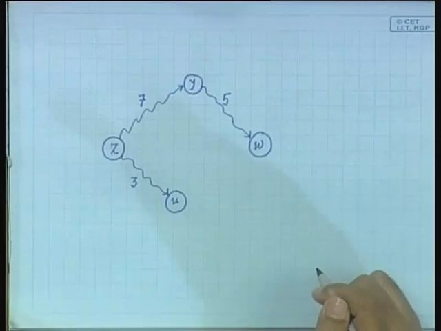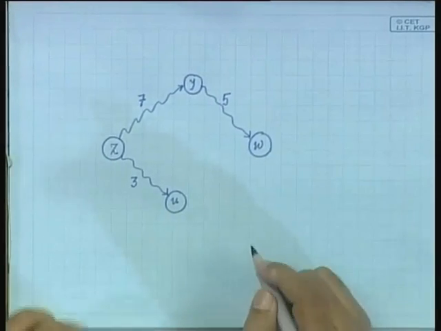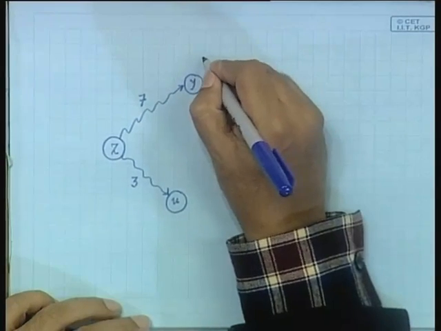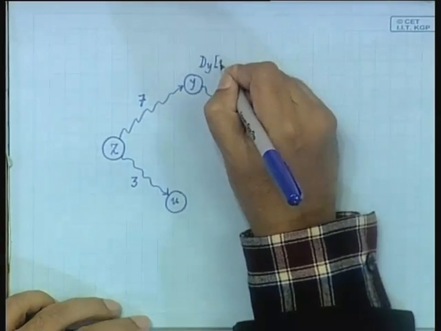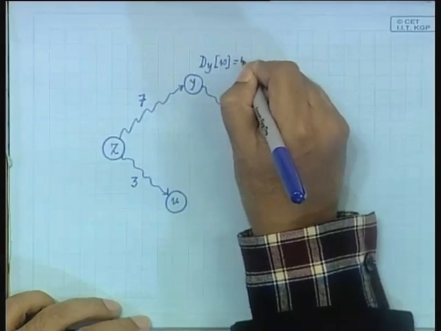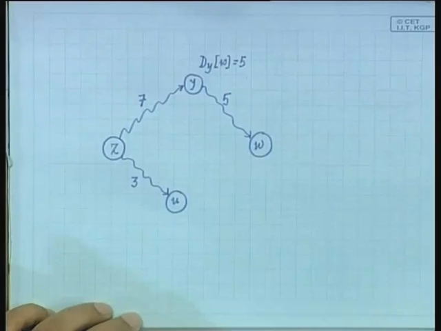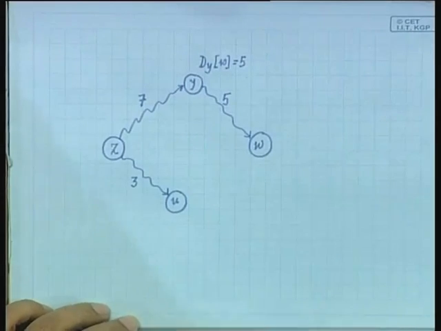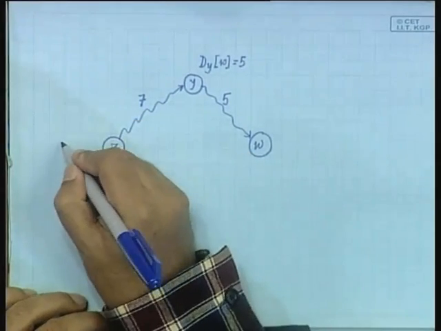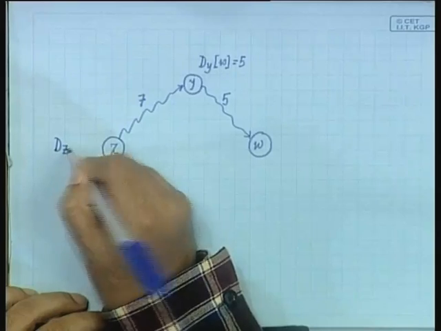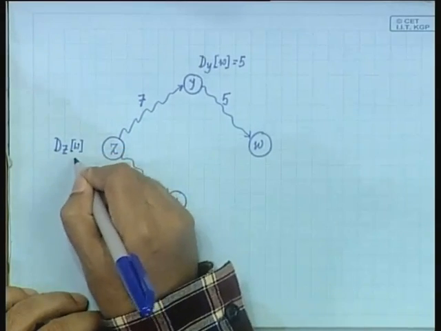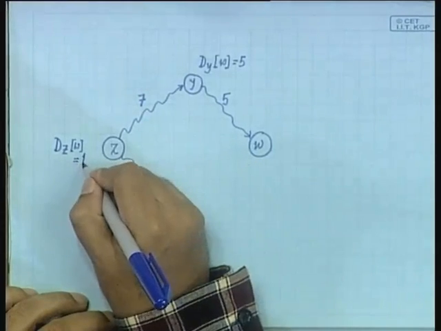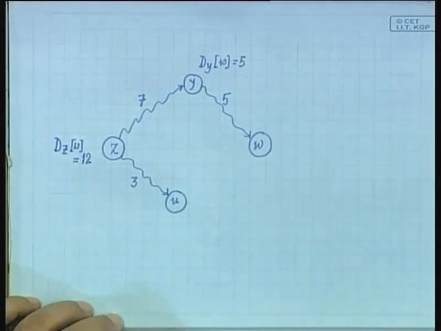Now what is dyw? 5, okay. dzw is 12, right.